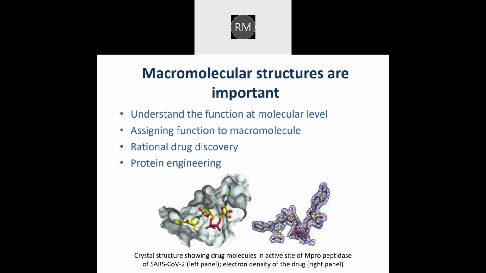They can add some functional group into this drug molecule to make it more stable, more accessible, or pharmacologically more conducive. As a result, finally they came out with a drug that is under trial, and in some countries it has been used.